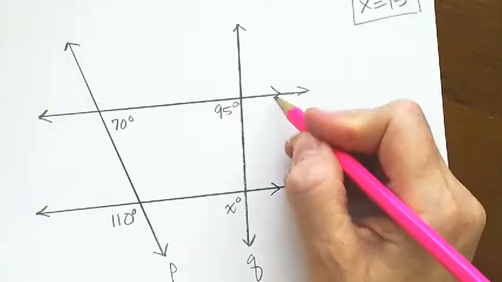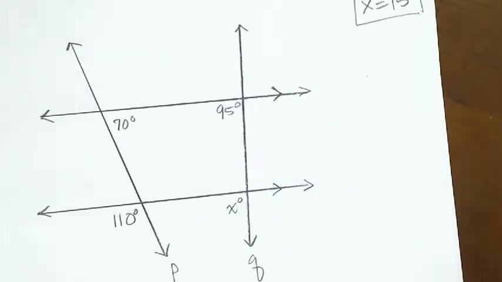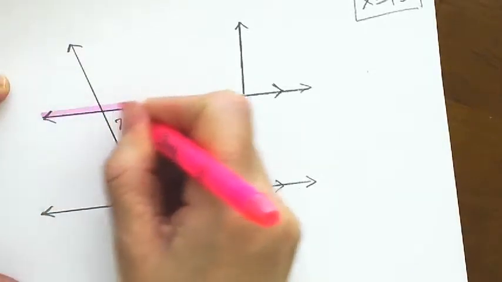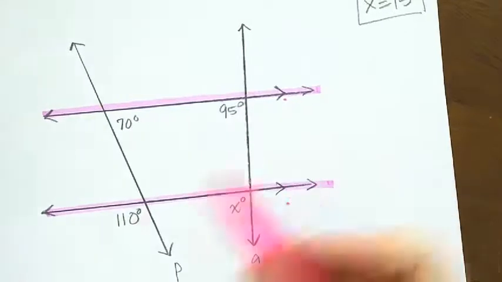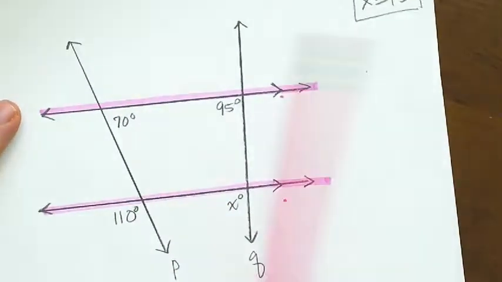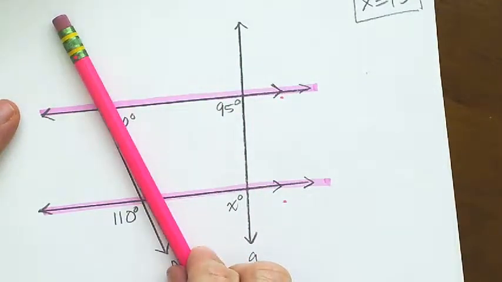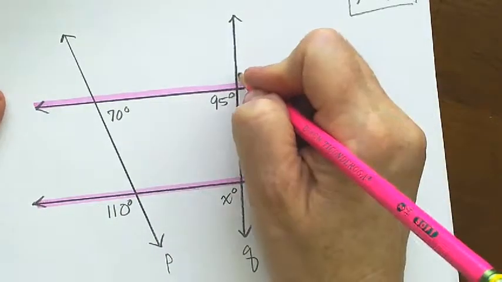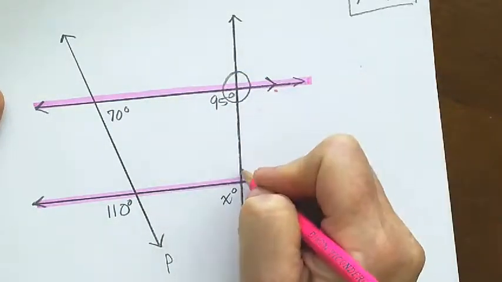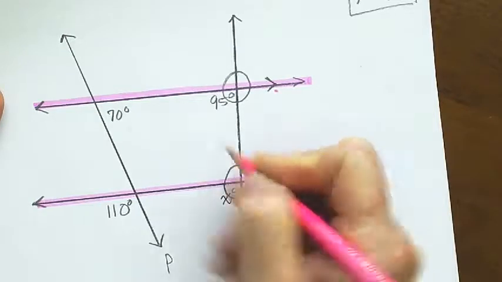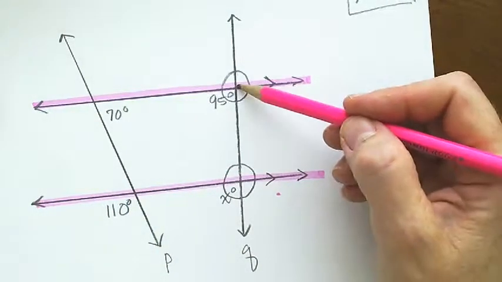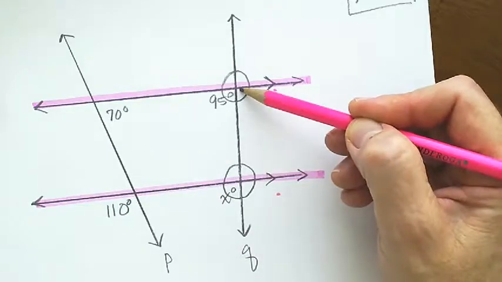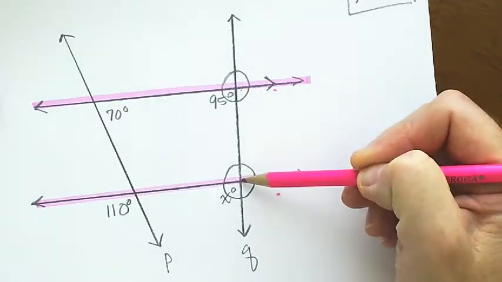Okay, number 10. We have parallel lines here. So these lines are parallel. They are marked with 2 arrows, but these 2 lines here are not. So be careful. Let's put a circle here and a circle here, and I kind of gave you the answer there, but these 4 angles here would match with these 4 angles here.